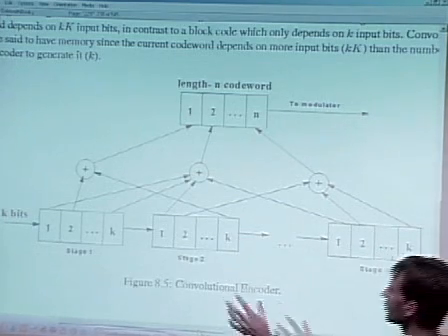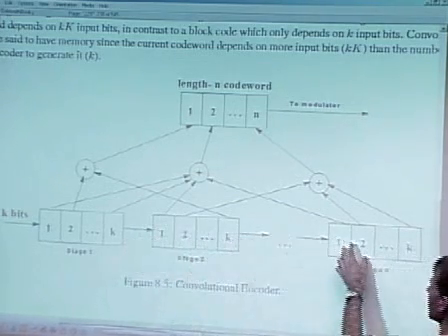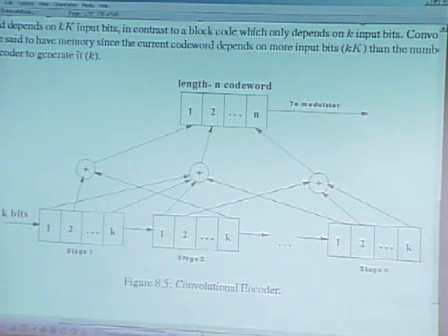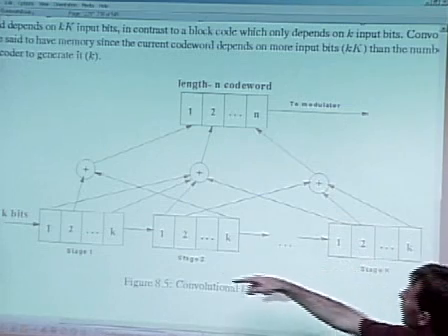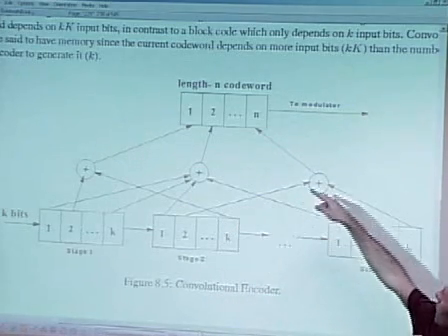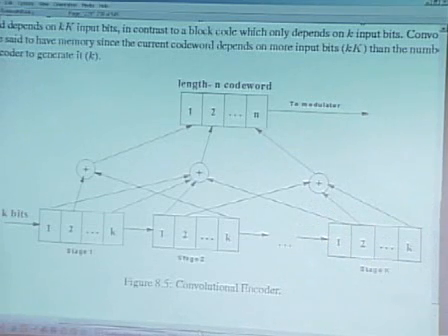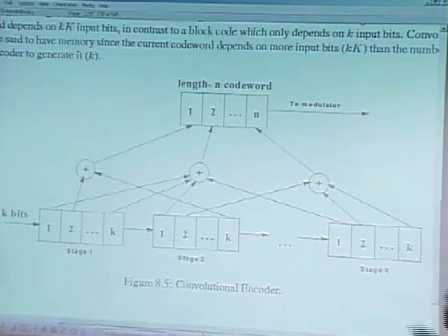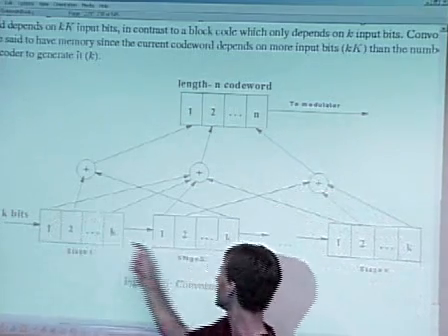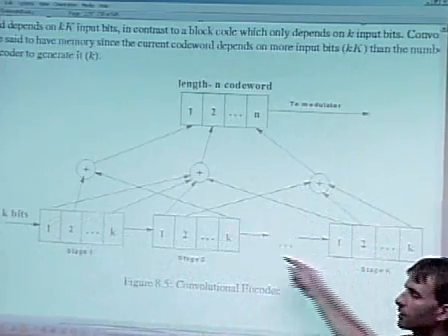So each group of bits comes in, and it traverses the K stages, goes to the next stage on every tick of the clock, and then it's discarded. At each point, we take linear combinations of the bits on the K stages to produce the corresponding code word. So in some sense, the encoder has memory, because the code word not only depends on the k bits that just came in, it depends also on the other stages that are still in memory.